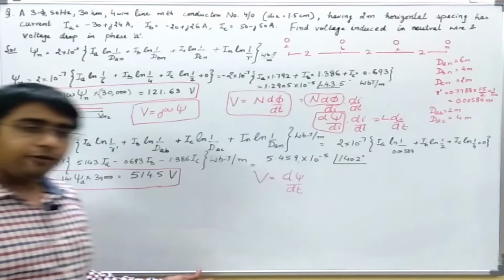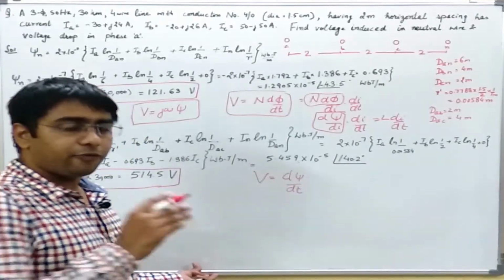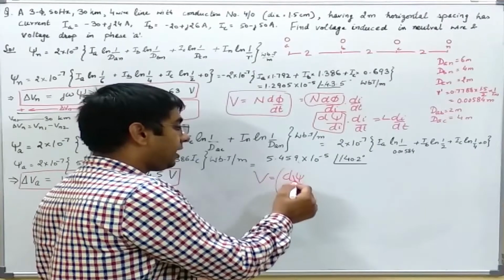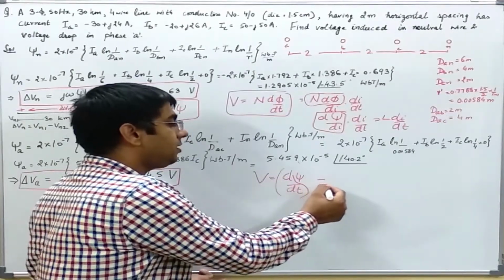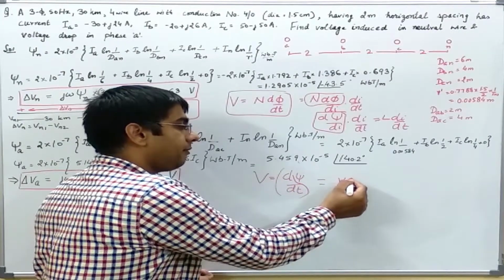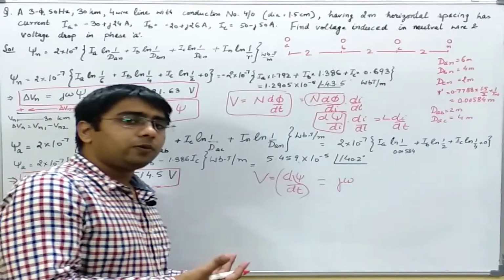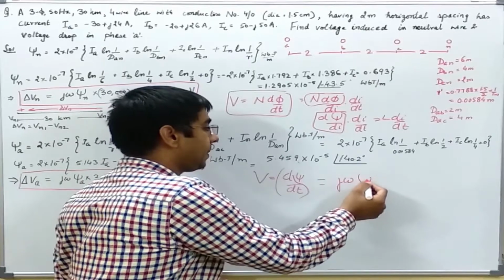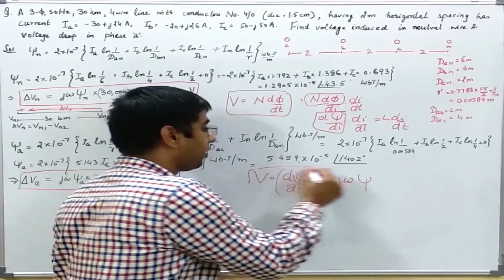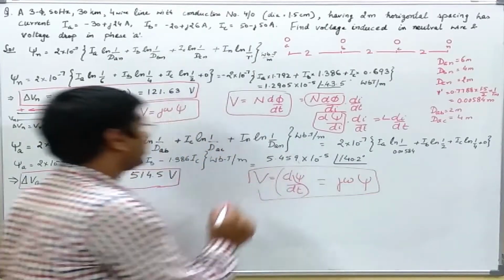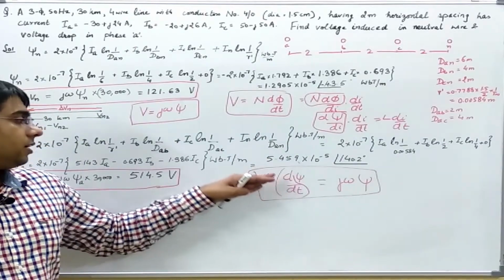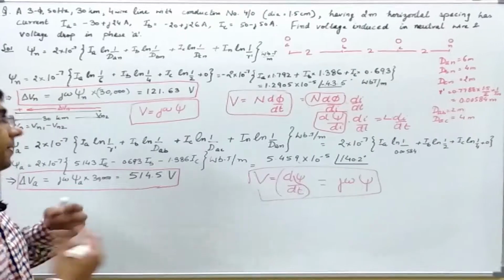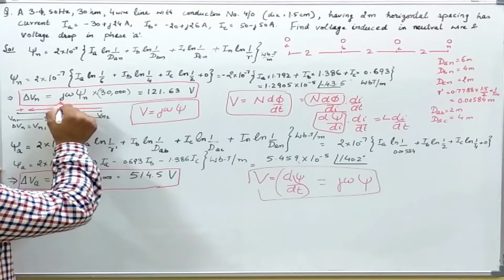We already know from our circuit classes that d by dt can be replaced with j omega while we convert it into the phasor or complex form, j omega psi. So from here we have got this formula that the voltage drop due to these flux linkages can be written simply as j omega psi.